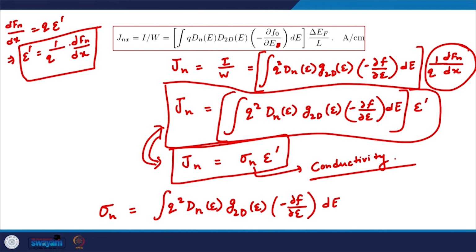Okay. So this is the conductivity that comes from the fundamental description of the transport.